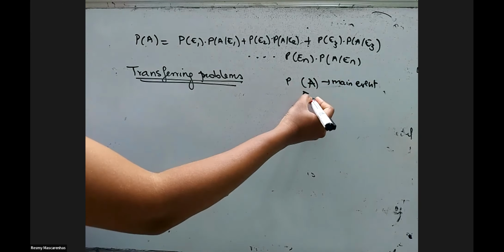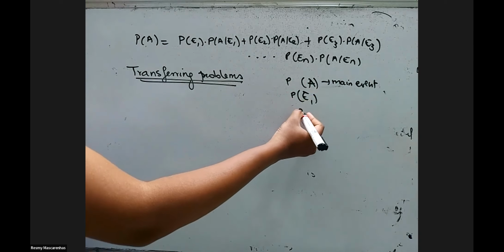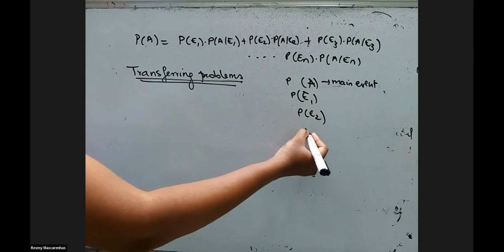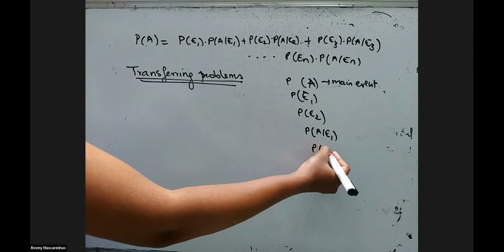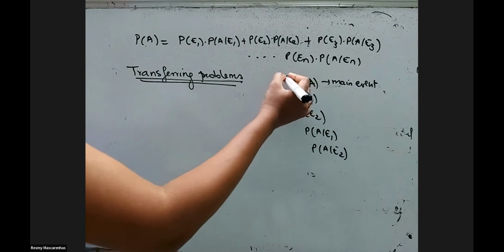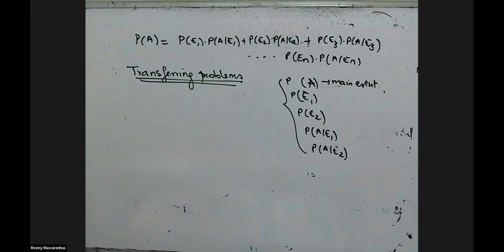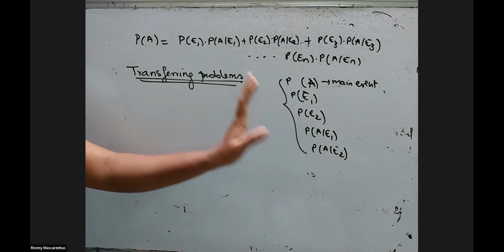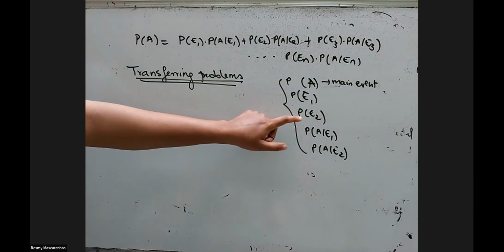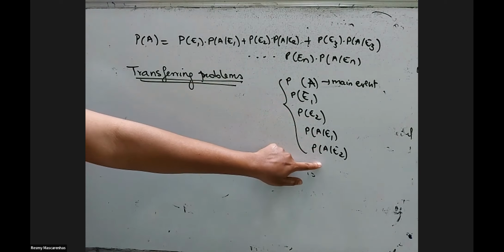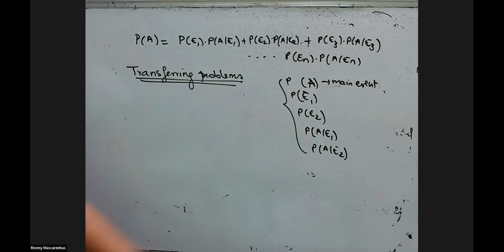Then you find P of E1, then P of E2, then P of A upon E1. This is the sequence for every single problem we will solve from now till Bayes theorem. You need to follow this sequence without any changes. Only if there is E3, then there will be an extra P of E3 and P of A upon E3.